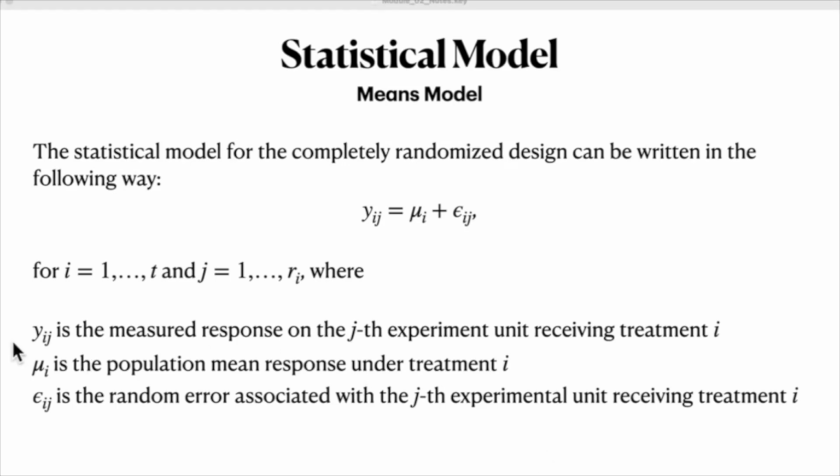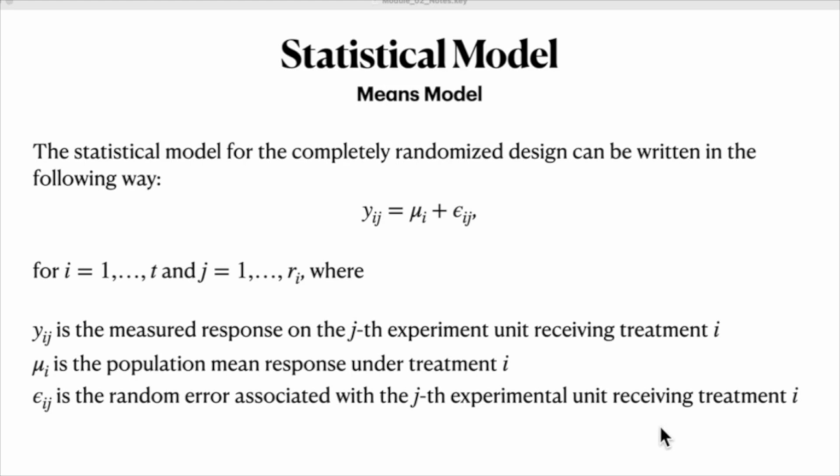Now in this model, y sub ij on the left-hand side here, this is the measured response on the jth experimental unit that has received treatment i. Mu sub i is the population mean response under treatment i. And then finally, epsilon sub ij is the random error associated with the jth experimental unit receiving treatment i.